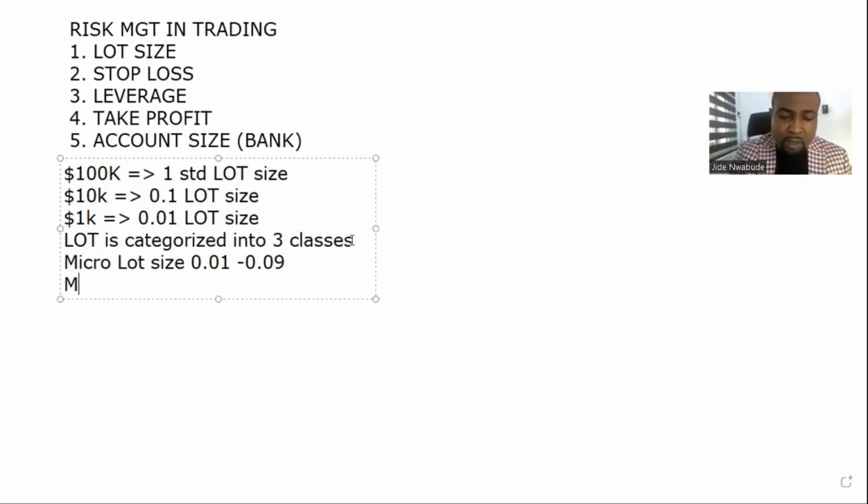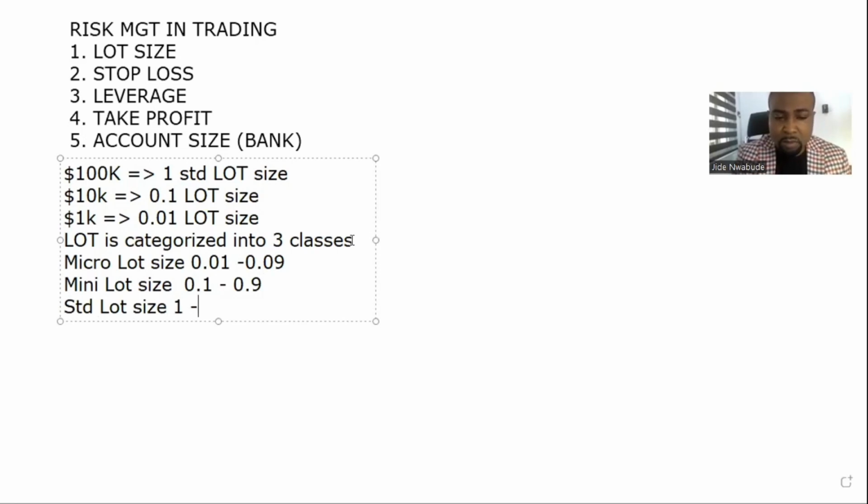The mini lot size is from 0.1 to 0.9. And finally, the standard lot size. Standard lot size starts from 1 upward. So this is the standard lot size. Now, that's exactly what you saw I captured here.